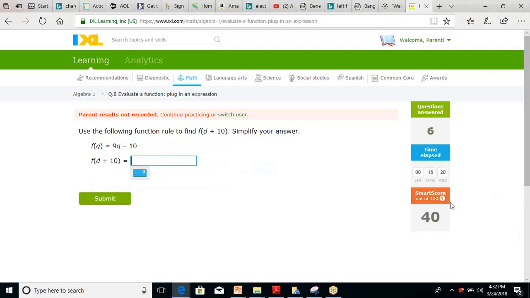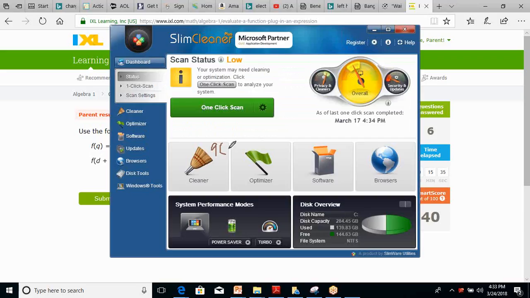So when you simplify that, you're going to have 9 into q, or 9 times q, but your q is d plus 10.